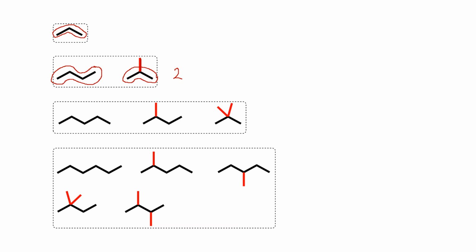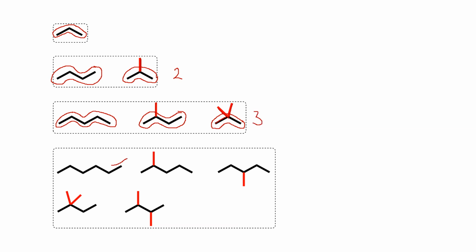For C5, we have the 5 carbons in one chain, or we have 4 carbons in one chain and 1 branch, or we have 3 carbons as a chain and 2 branches, so we have 3 isomers.